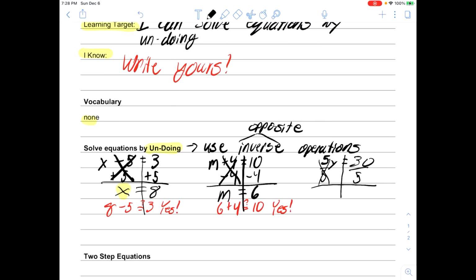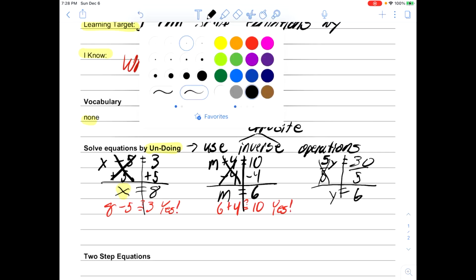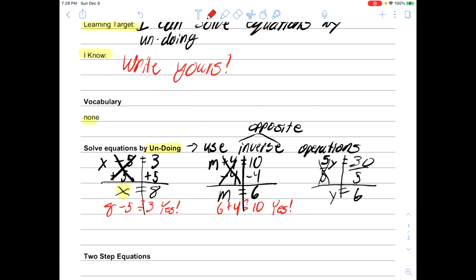That cancels out, and I'm left with y equals 30 divided by 5 is 6. Checking again. If I put 6 where the y is, I would have 5 times 6, does that equal 30? Yes. So this works.